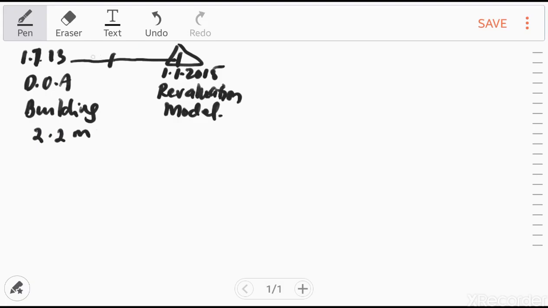So meaning that this year you will provide depreciation, 1st of January 14, and another depreciation here, so for 2 years. So revaluation model, 1st of January 2015.